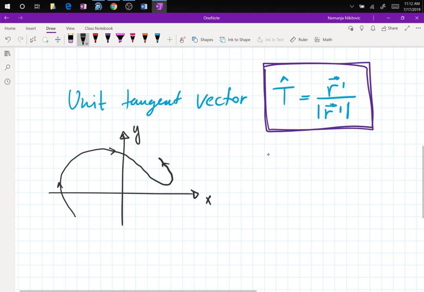Now observe what is happening here. If I pick an arc length ds, and you pick a point somewhere on the ds, you know that the tangent vector is going to point this way. So we'll call this the unit tangent vector, and it is for this point.